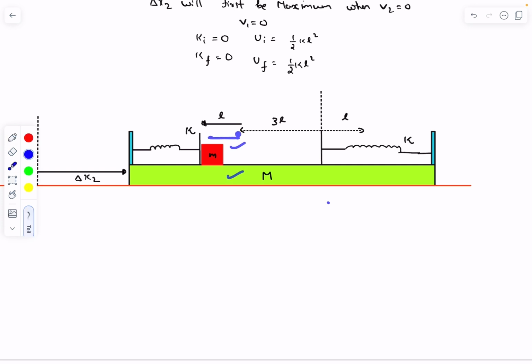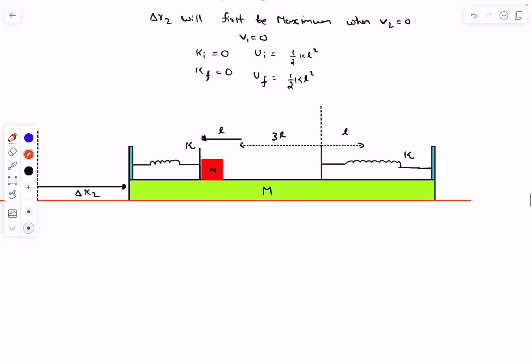And now once again, the mass m will move towards the right, capital M will move towards the left, and exactly the same motion as before will continue. If you observe, this red line that I'm drawing is the initial position of this mass m on this plank, right? Now we want to figure out what is delta x2.